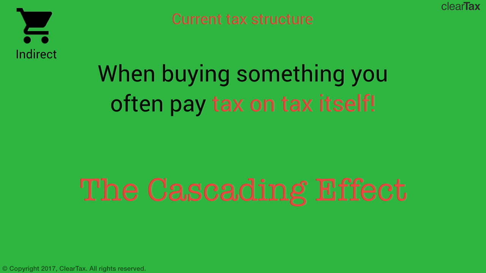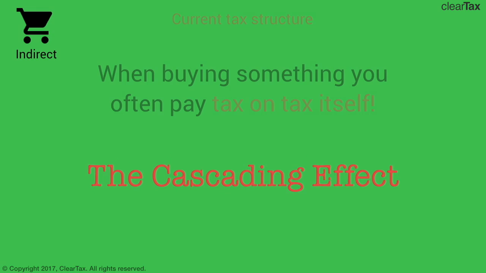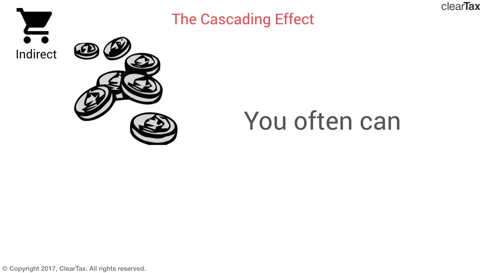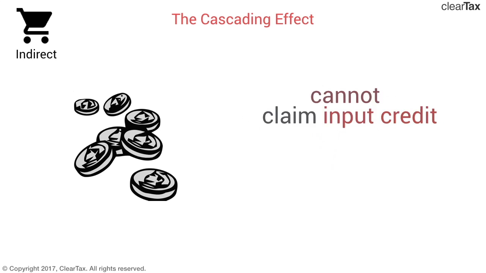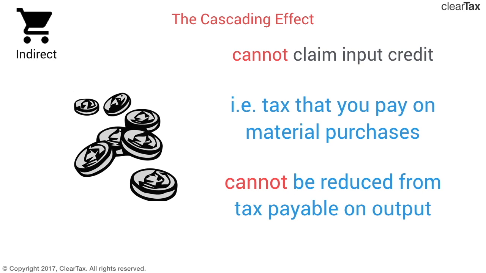But before going into a numerical problem, we'll touch base on certain concepts like input credit. More often than not, manufacturers and sellers cannot claim input credit under the current tax structure. What exactly is input credit? It is basically the tax that is paid by manufacturers or sellers on their purchases.